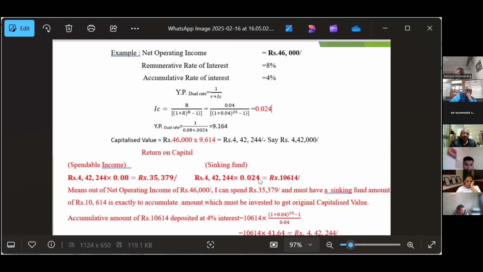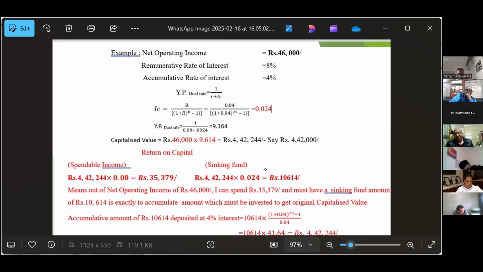If you deposit this 10,614, its accumulated sum formula is 10,614 into (FV minus 1) upon R, means 10,614 into 41.64. It means you will get an accumulated sum of 4,42,244 from the bank.